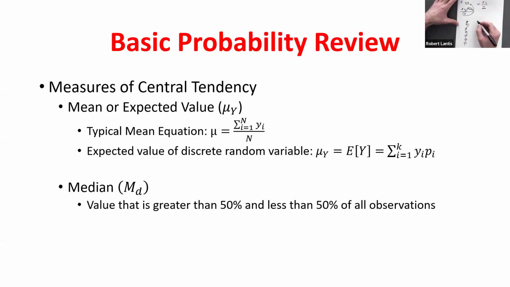Let's do 5s: 5, 10, 15, 20. All right, we'll do 4 numbers. So what would the mean be here? We add these up, we get 50 divided by 4. The mean would be 12.5.